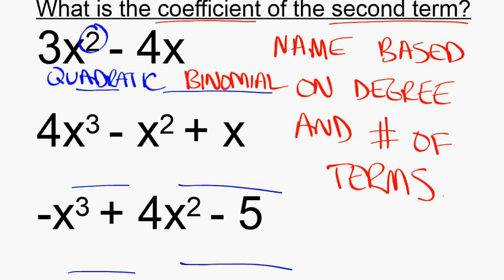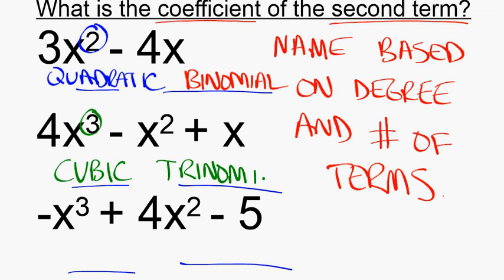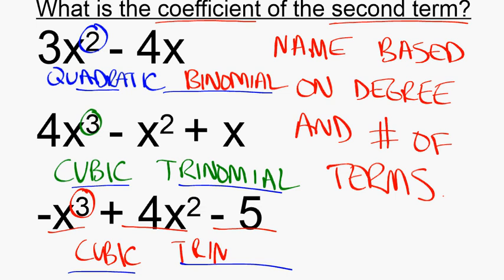The next example, the degree is 3, so this is a cubic. And since there are 3 terms, it is a trinomial. The next example is the same. It is a degree of 3 with 3 terms. This one is also a cubic trinomial.